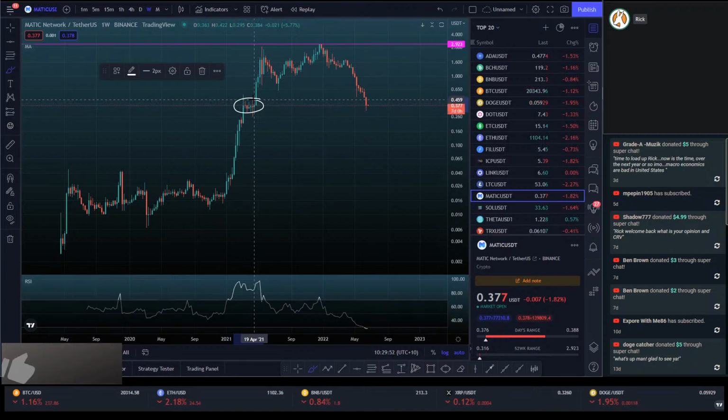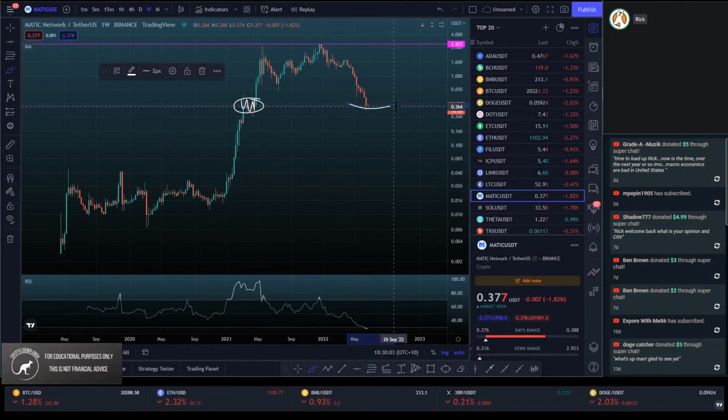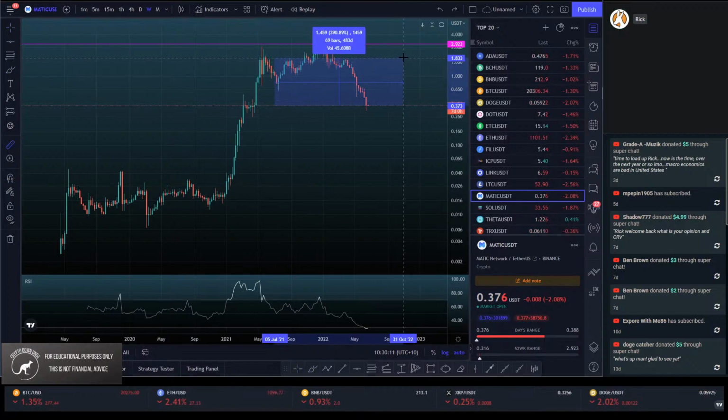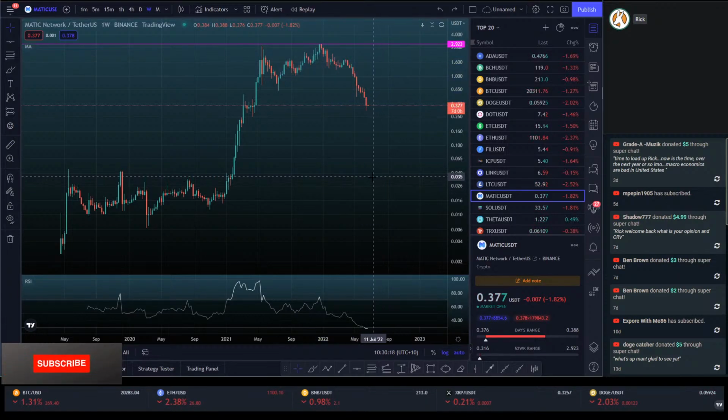See how the price stalled around in early 2021. There was a lot of action through here. Perhaps that's where it's going to find support for Matic, and then in the next bull cycle, pick back up again. But I'm going to measure the recovery if it was to recover back to all-time high. Yeah, about 680%.